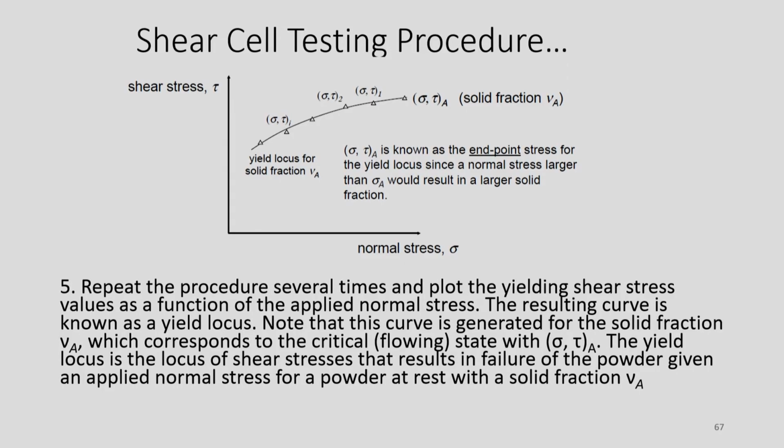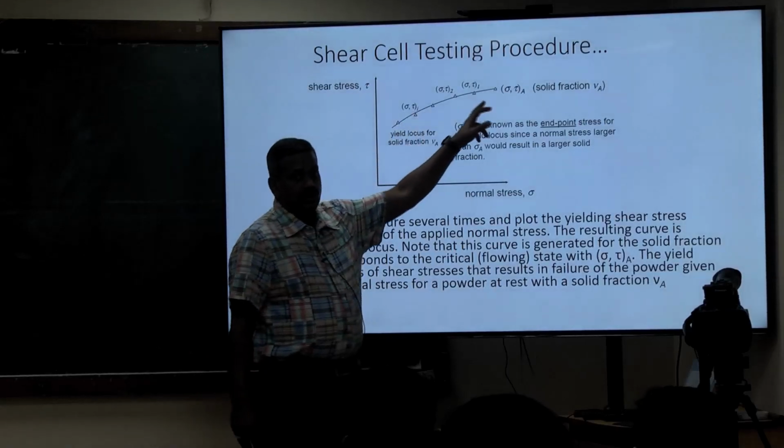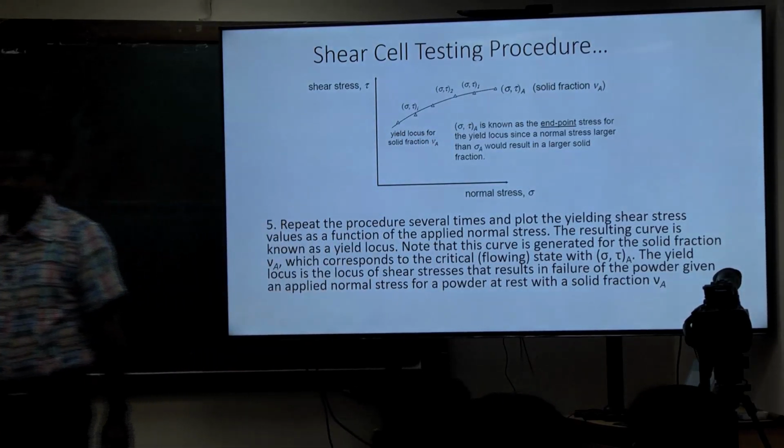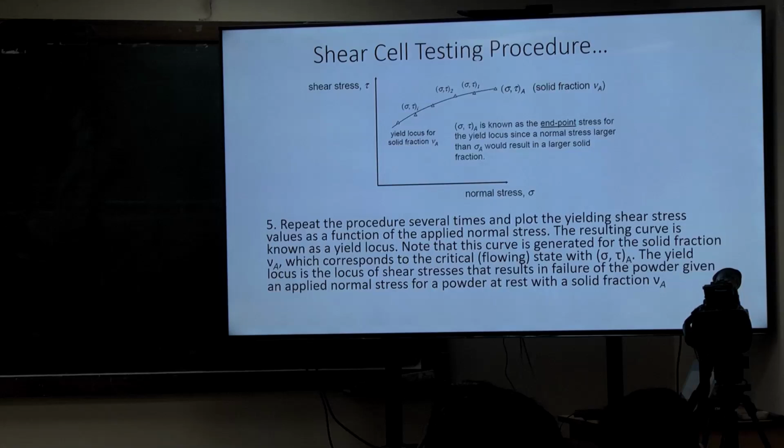At those different shearing points, we get the relationship between the normal stress and the shear stress. Normal stress you apply, and shear stress you get from the instrument. So you get this yield locus, and then you draw the minor and major Mohr circles, and then you get all the other values.